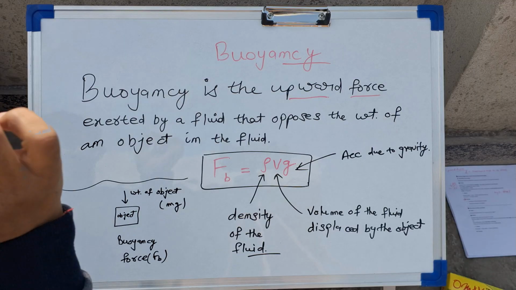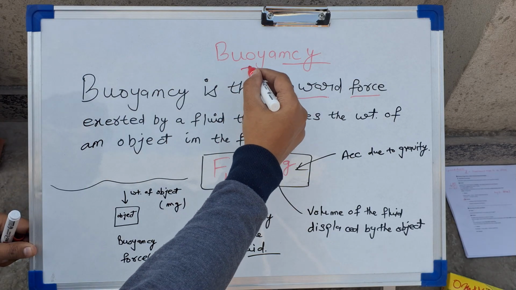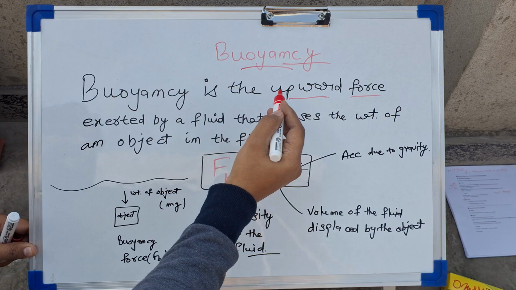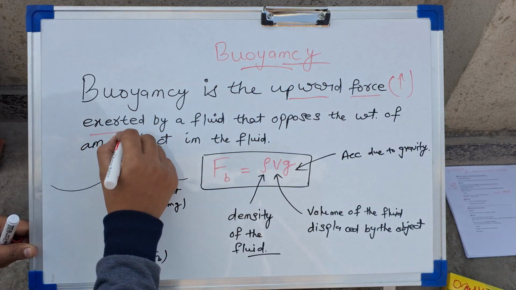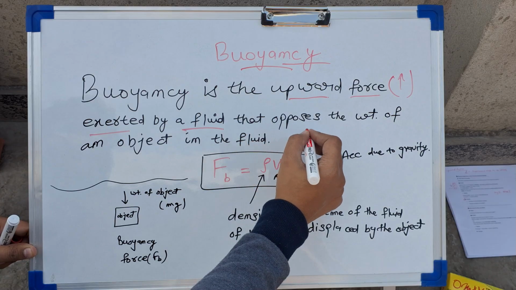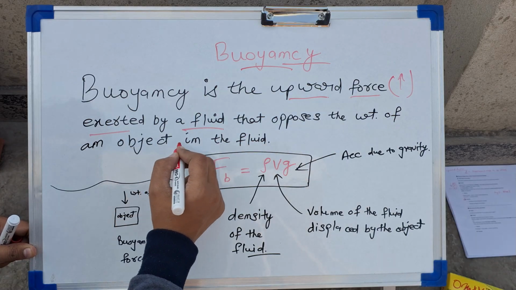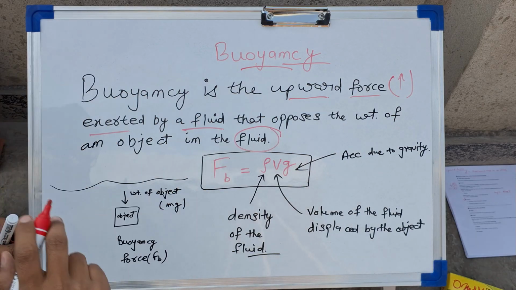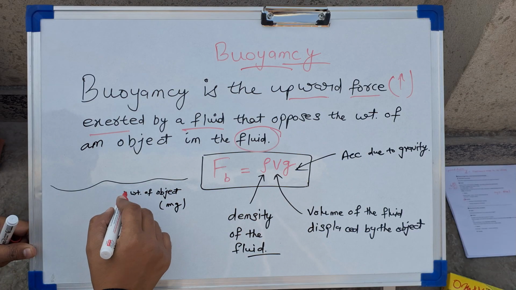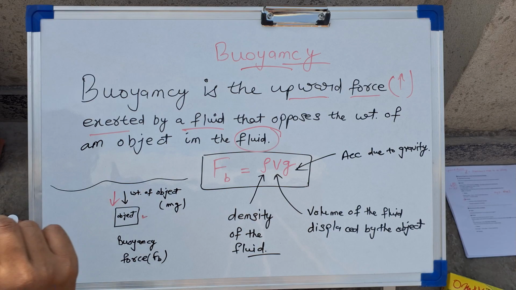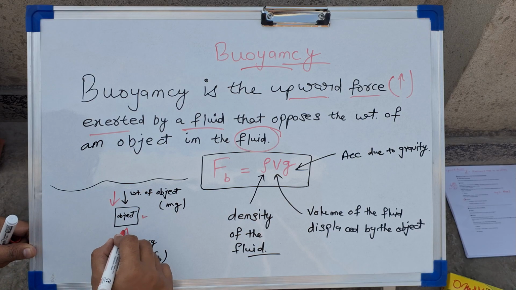First of all, let's understand what buoyancy is. Buoyancy is the upward force exerted by a fluid that opposes the weight of an object in the fluid. Suppose this is your object, and the weight of the object, meaning gravity, is acting downward, and the buoyancy will act upward.